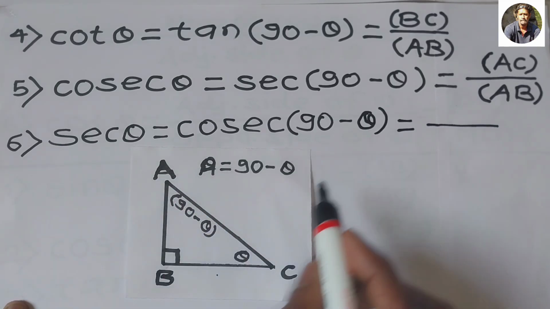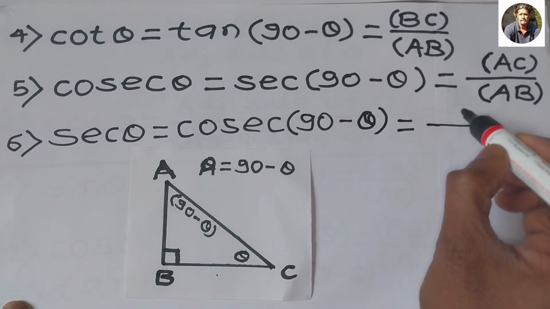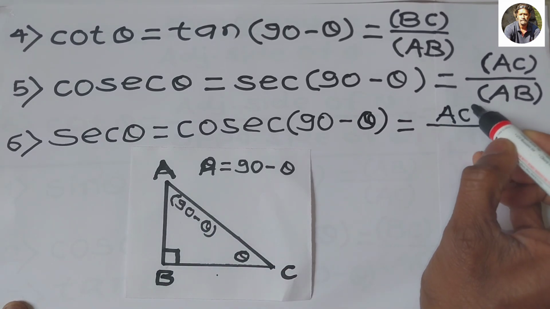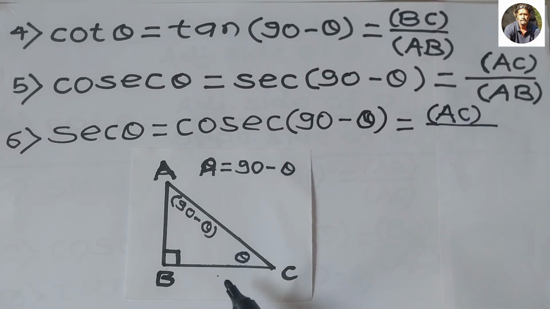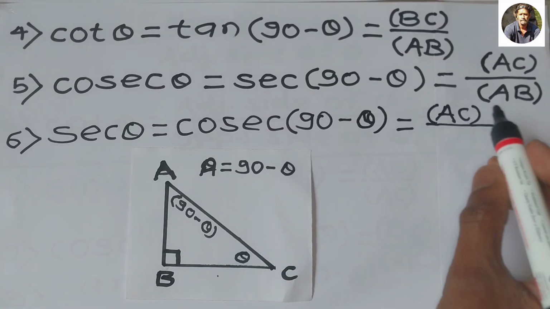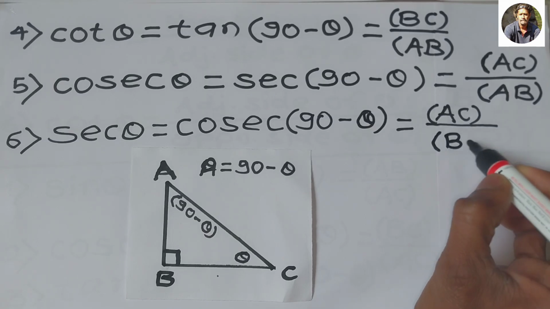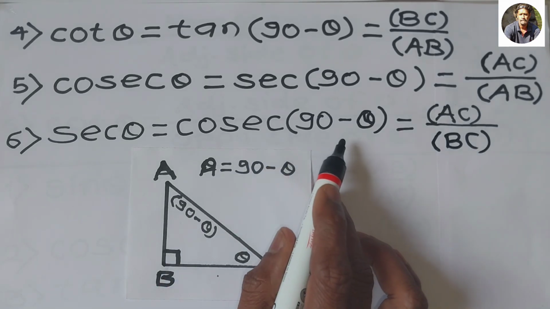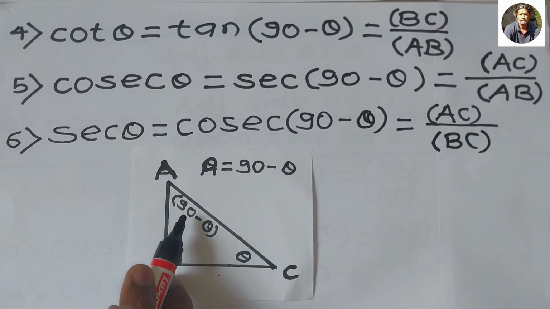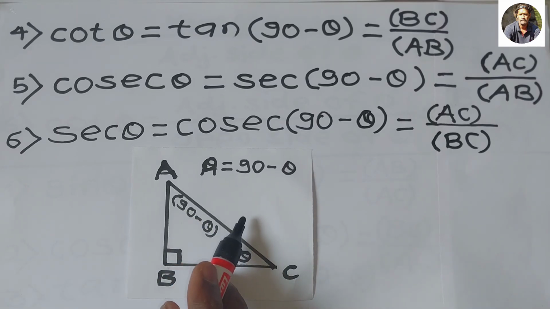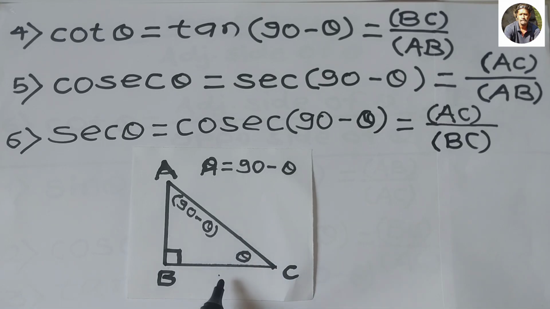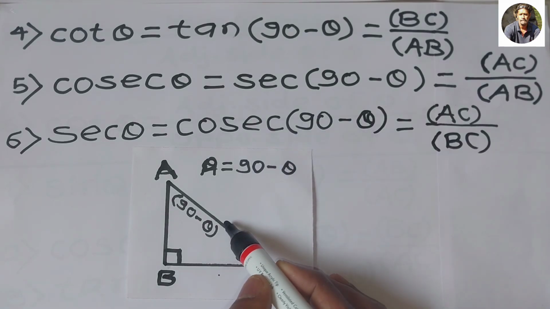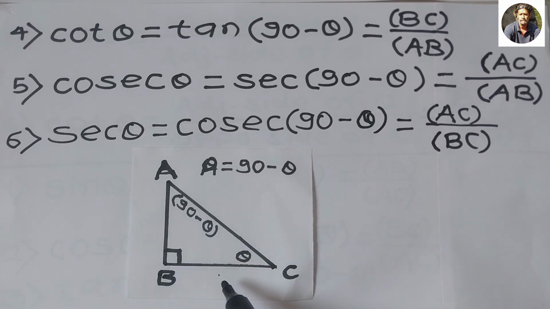Sec theta means hypotenuse, that is AC, upon adjacent side of theta, that is BC. Same way for cosec of 90 minus theta, it is hypotenuse upon opposite side of 90 minus theta, that is BC. Therefore we get the same value for sec theta as well as cosec of 90 minus theta.